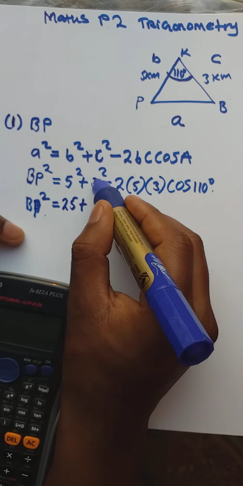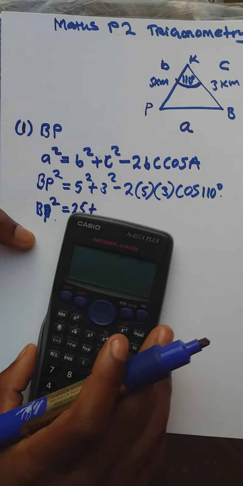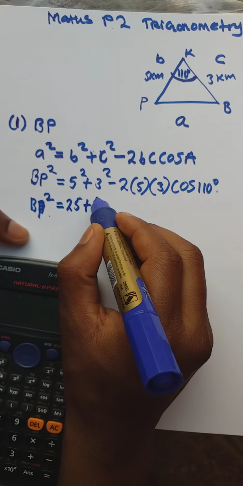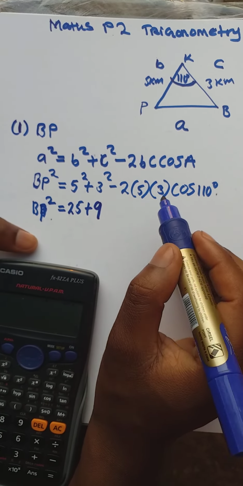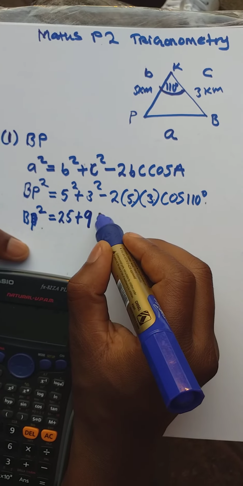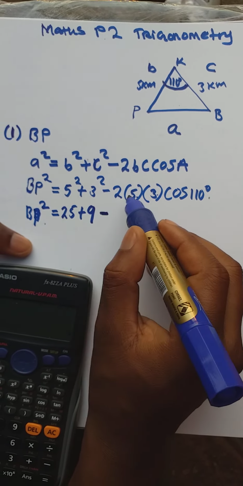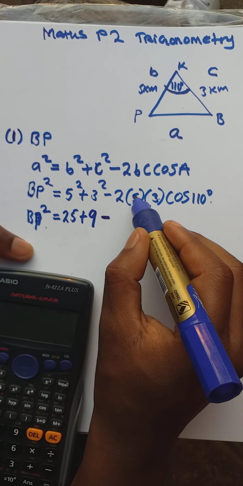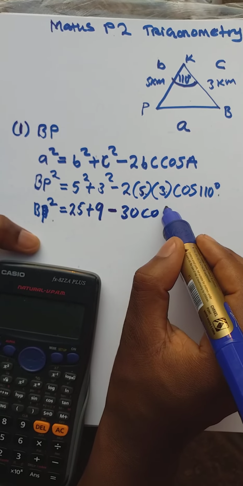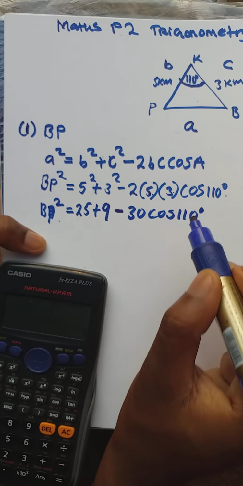The same can be done for 3: 3 to the power 2, you get 9. Then you can do the multiplication of 2, 5, and 3, with the minus here. 2 times 5 is 10, 10 times 3 is 30. So you say negative 30 cos 110 degrees.